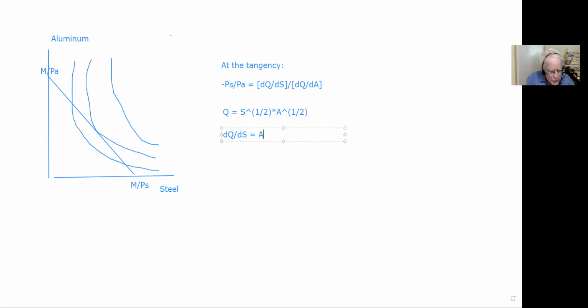So we have A to the power 1/2, putting the part of b in our original power rule.